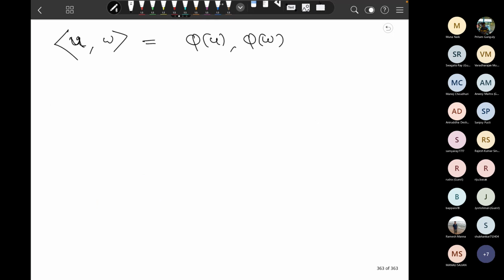If you take u, w in V, this is the same thing as the inner product of phi u and phi w in Rn. This is an inner product on V and this is an inner product on Rn.